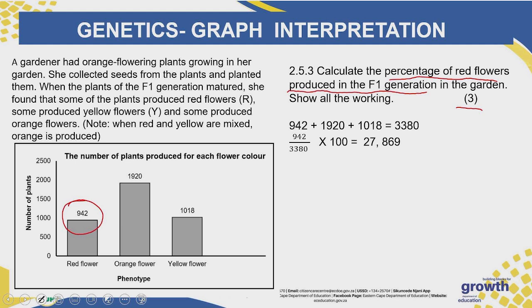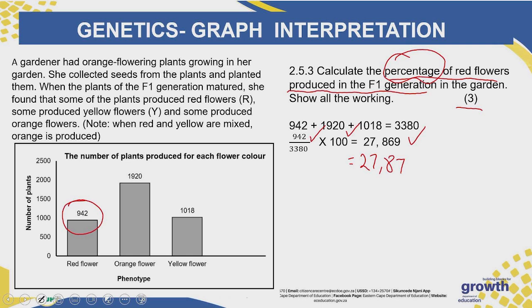So what we are going to give you marks for is that we take the 942, which is for the red flowers, and divide it by the total. So you get a tick for that. Then the other tick, because we are saying calculate the percentage, is that you always have to multiply by 100. Then you leave your answer. We usually say that your answer must be left to 2 decimal places. So it should be 27,87.